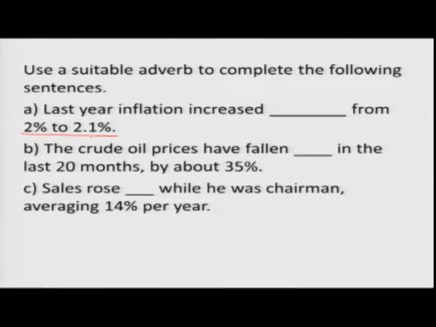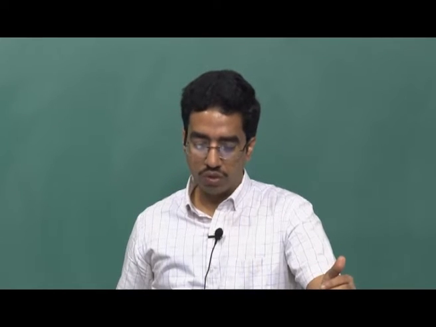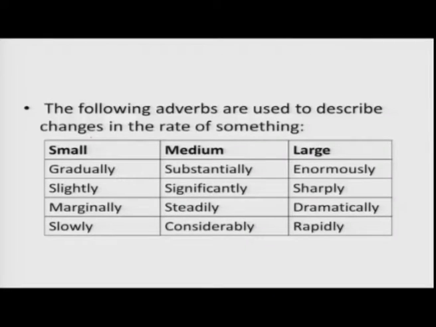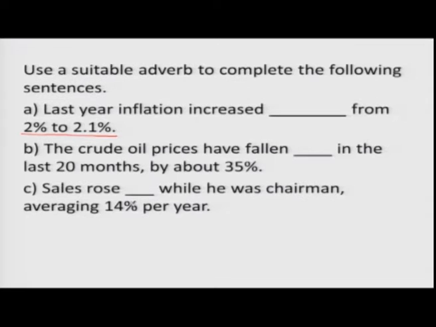This is a very small change. So, go back to our list. We can use something from this. Here you can pick either this or this. So, we can say marginally. Last year inflation increased marginally from 2 to 2.1%.